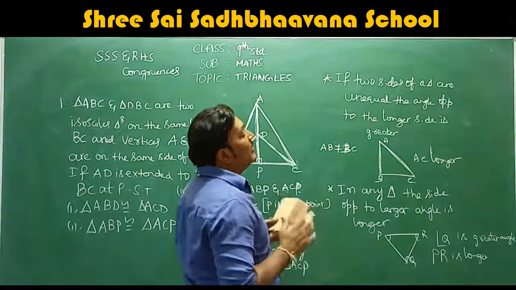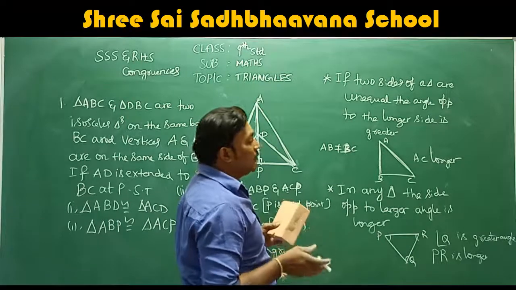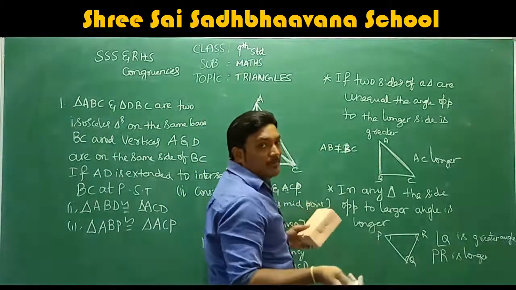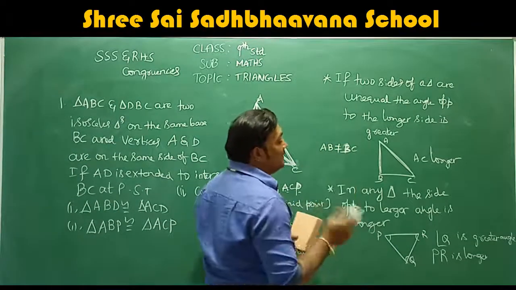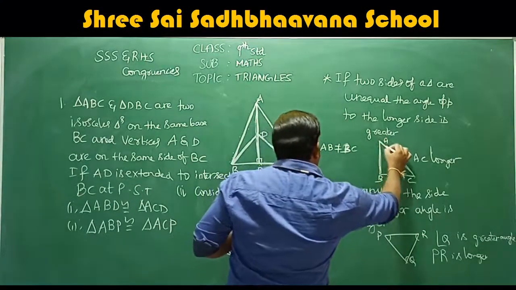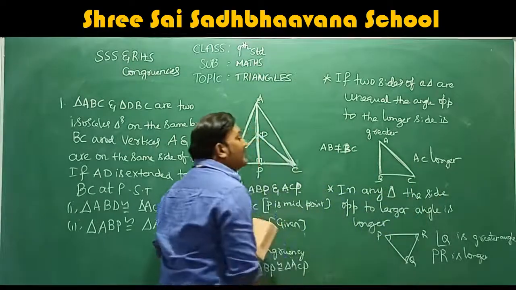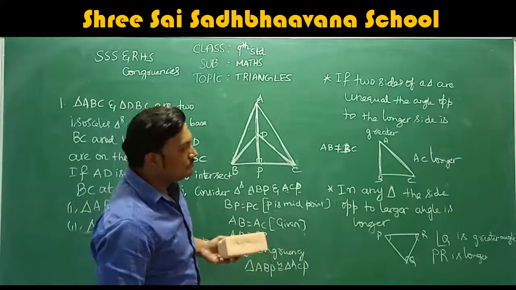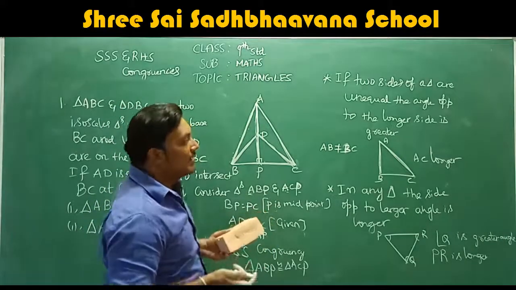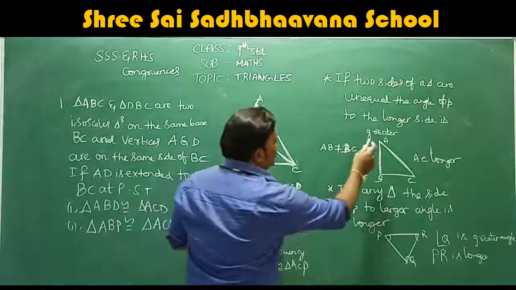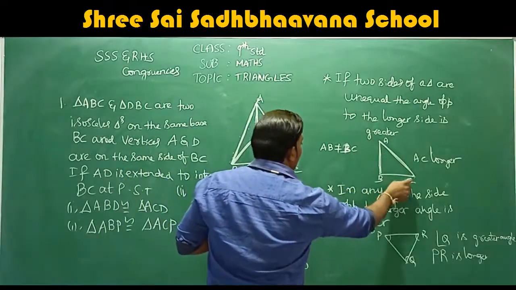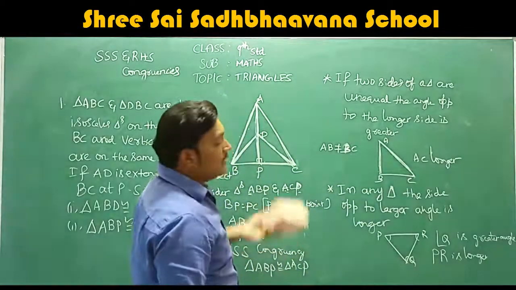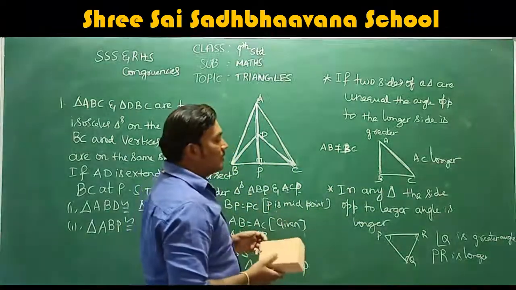If any two sides of a triangle are unequal, imagine in triangle ABC, AB is not equal to BC. So the opposite side of these unequal sides is the longer side. AC should be longer or bigger. Understood? Next one.